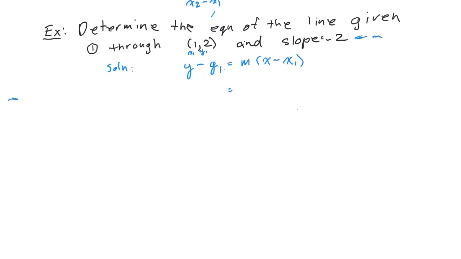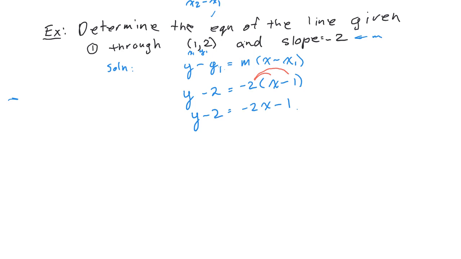So we just substitute directly in. We have y minus 2 equals -2 times x minus 1. Now all we have to do is apply the distributive property for the -2 inside here, and we're left with -2x plus 2 is y minus 2.